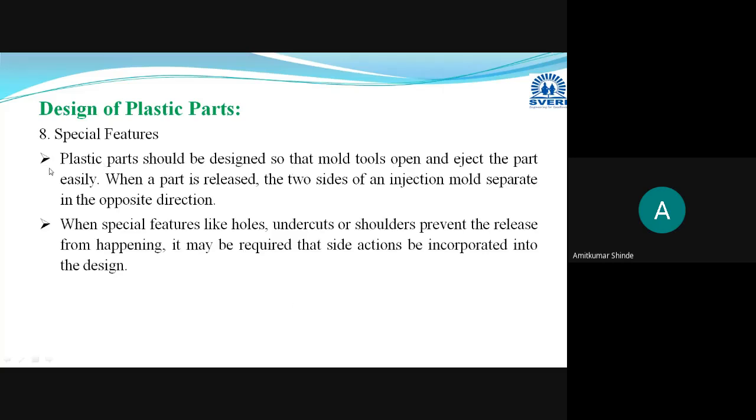Then plastic parts should be designed so that the mold tool can open and eject the part easily, and when the part is released, two sides of an injection mold separate in opposite directions. This means you have to take some special features into consideration so that it provides easy ejection of the component from the mold cavity, and if you need some extra features in your plastic part, some design changes should be done accordingly.